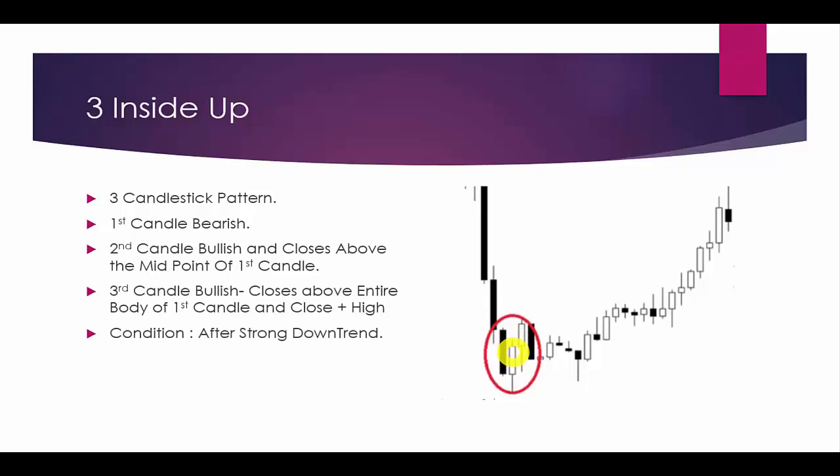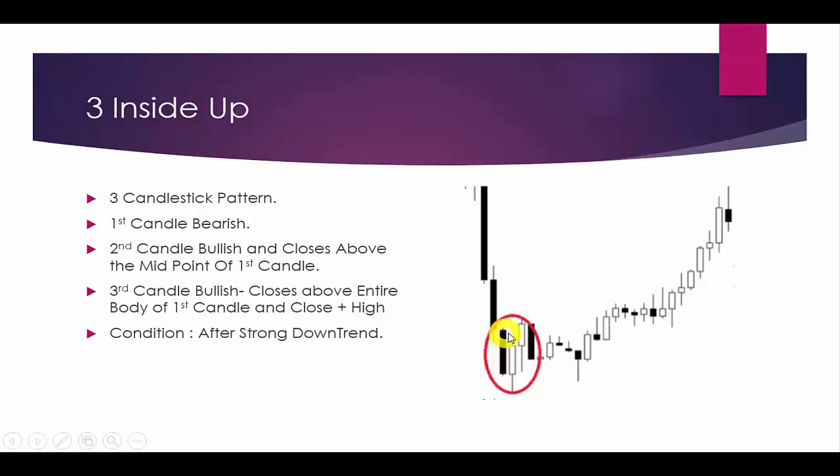And we will find this type of candlestick pattern after a strong downward trend. So these are the important conditions necessary for the three inside up candlestick pattern, which is a strong bullish trend reversal pattern. First of all, it is formed by three candles after the downward trend.